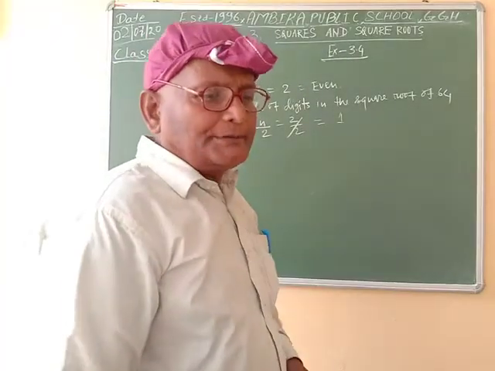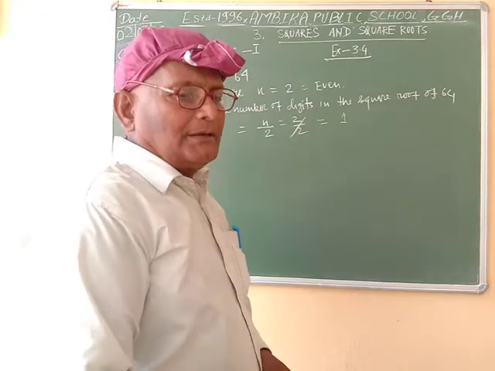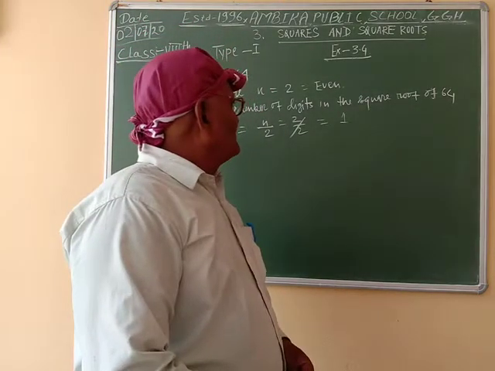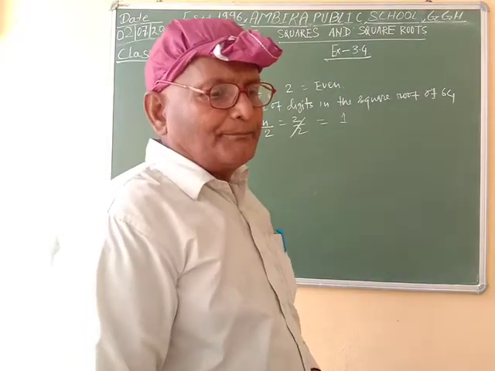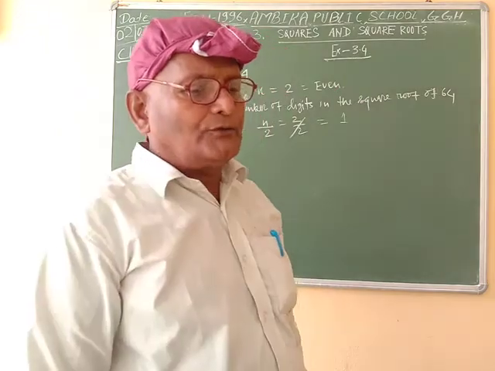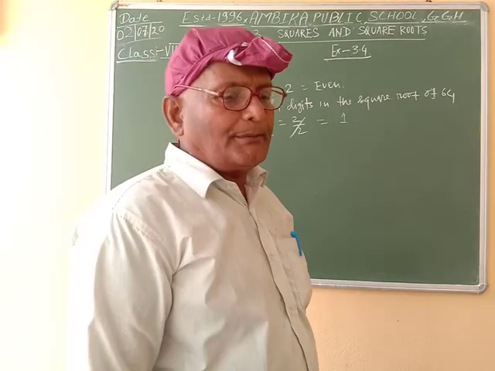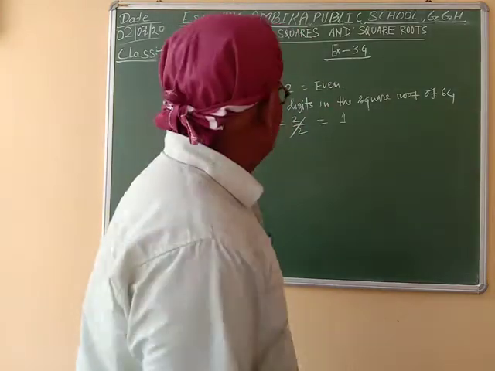If the number of digits in the given number is 3, which is odd, then the number of digits in the square root is equal to n plus 1 by 2 is equal to 3 plus 1 by 2 is equal to 4 by 2 is equal to 2.